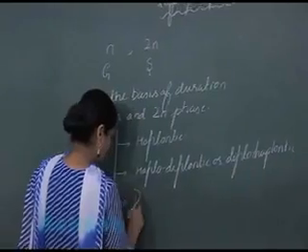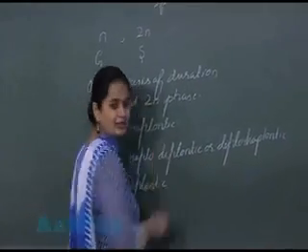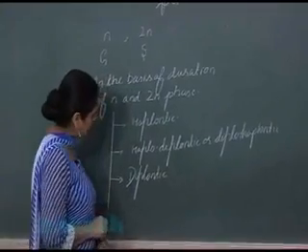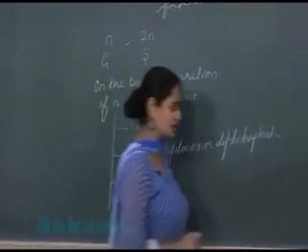And the last one is diplontic life cycle. तो ये जो तीन तरह का लाइफ साइकिल पैटर्न है, अब यहां पर हम इसको डिटेल के अंदर स्टडी करेंगे.